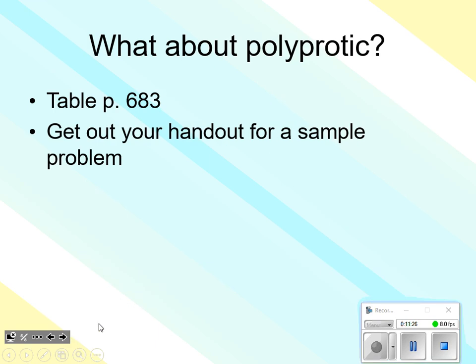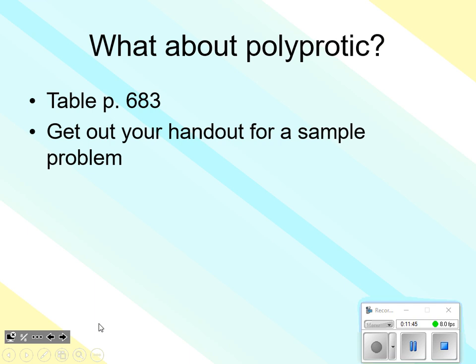One last thing to mention. Some polyprotic acids, which a polyprotic acid means it can donate more than one hydrogen, for example, H2SO4, you could also do with these types of calculations.